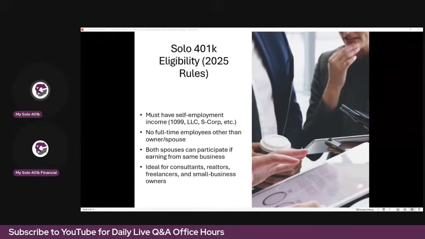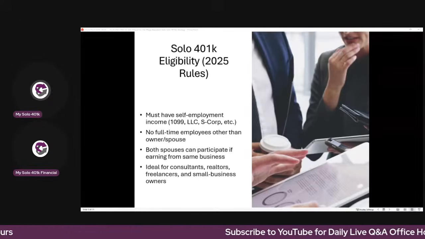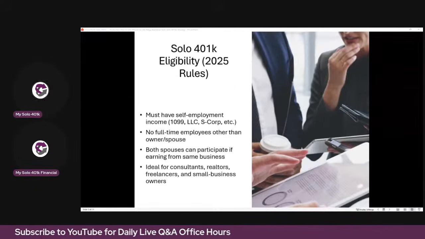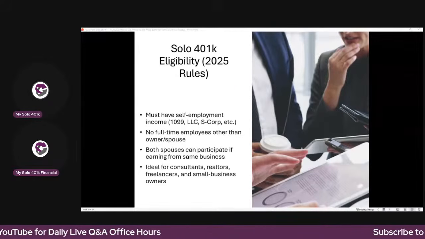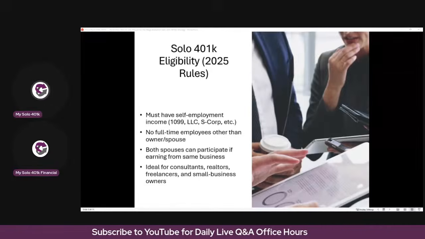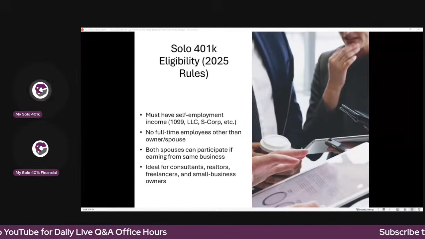The other half, in order to be eligible, is that you cannot have any non-owner, non-spouse, full-time W-2 employees. So stated differently, you could be a W-2 employee, your spouse could be a W-2 employee, but you just cannot have other people who are acting as full-time W-2 employees. If you don't, and you've got that earned self-employment income, then you're eligible to set up a solo 401k.